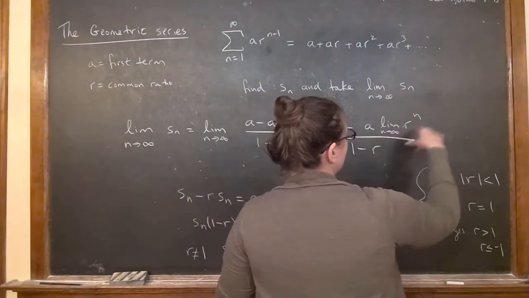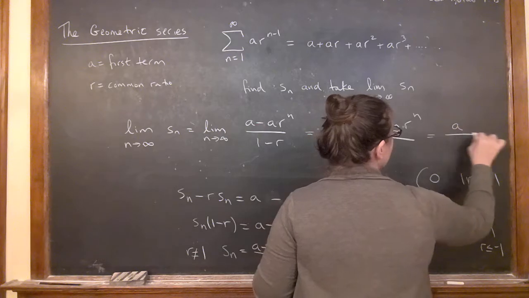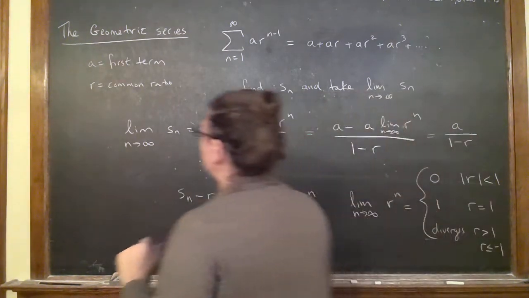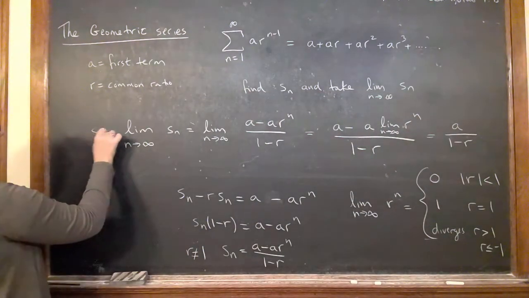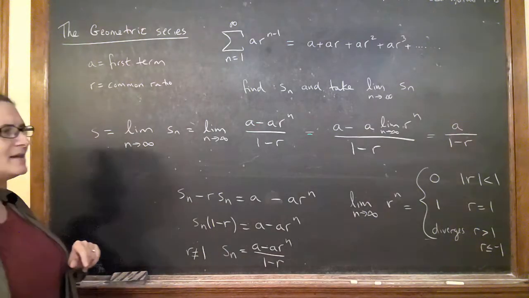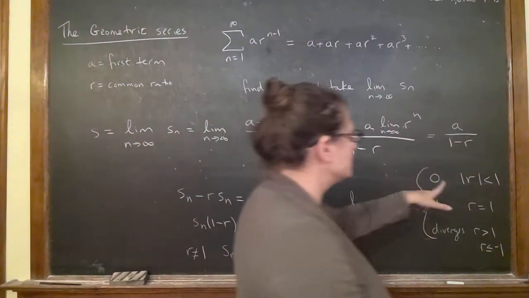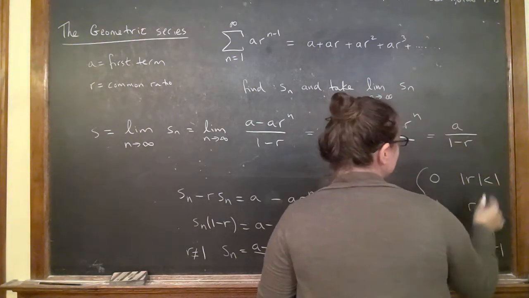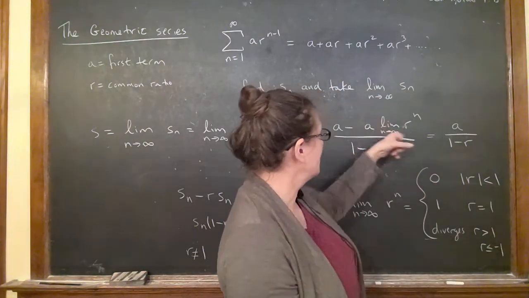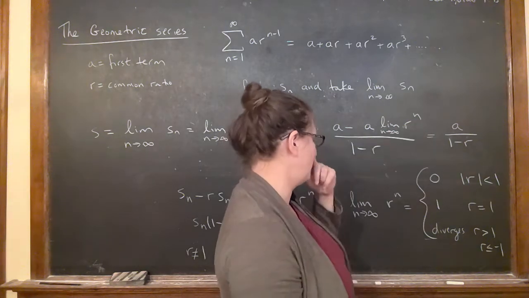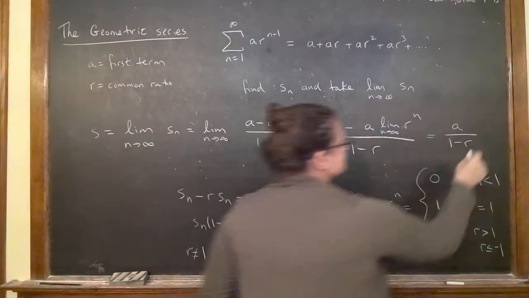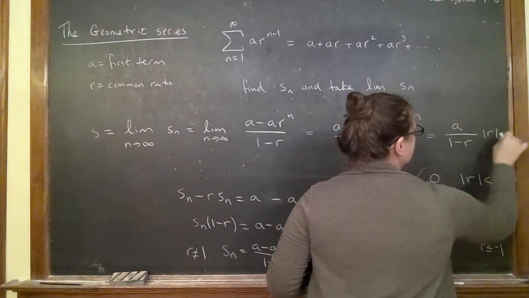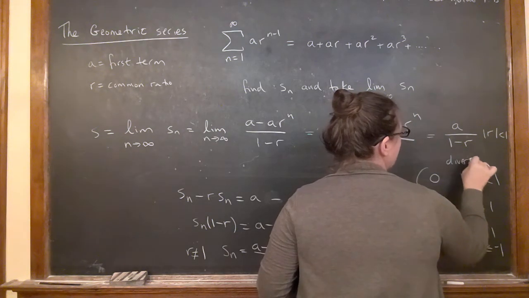So if this part goes to 0, I end up with a over 1 minus r, and that is the sum. But that's only true if r is between -1 and 1. Otherwise this diverges, and if this diverges, the whole thing diverges.